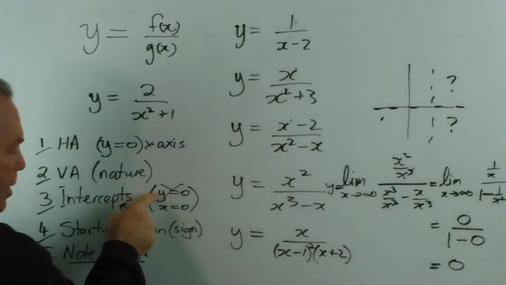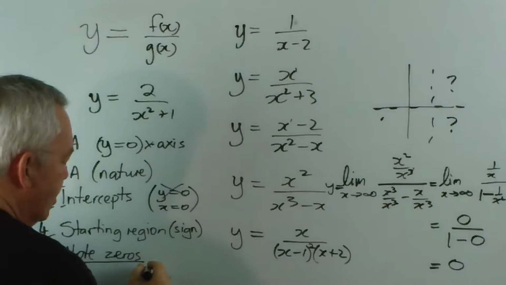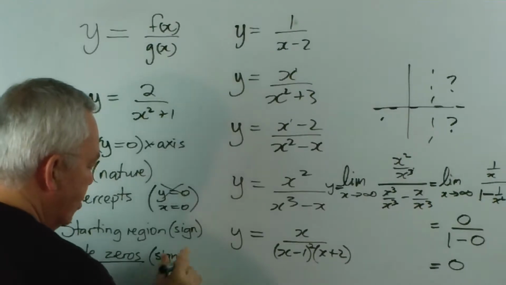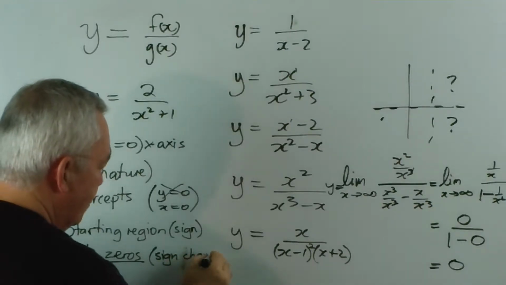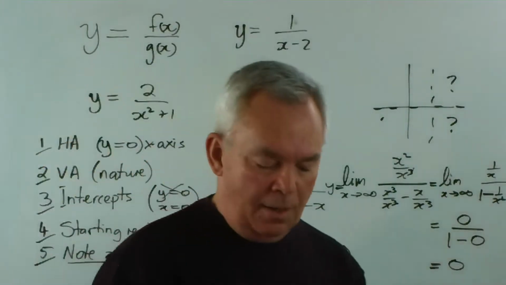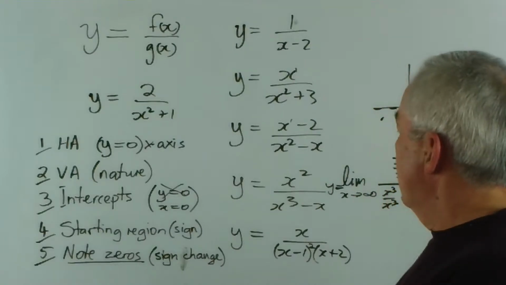So this is not an entirely true statement, but we do note zeros because they're going to give us a sign change. And we're going to go through these 5 steps every time to graph the functions.